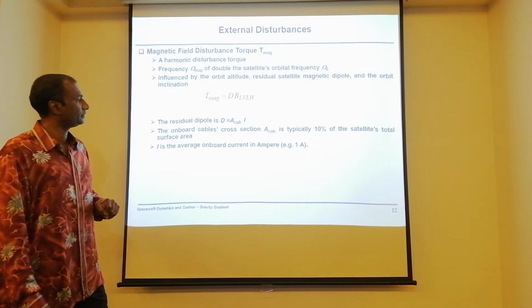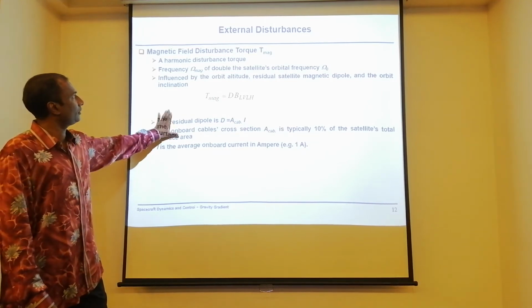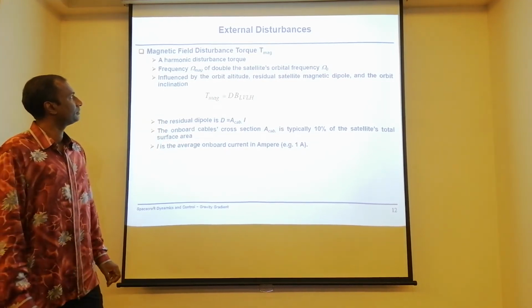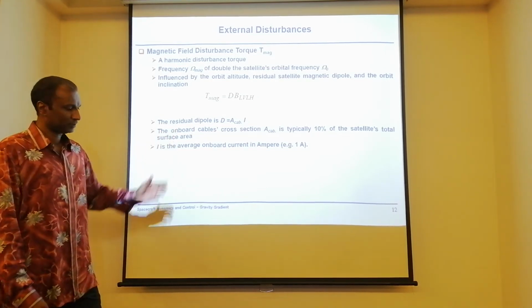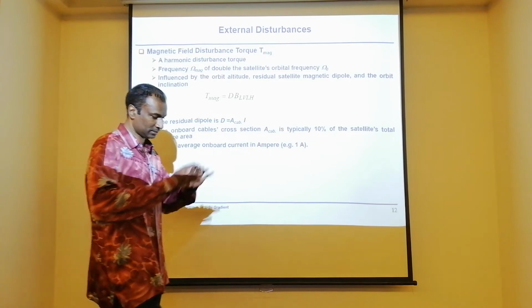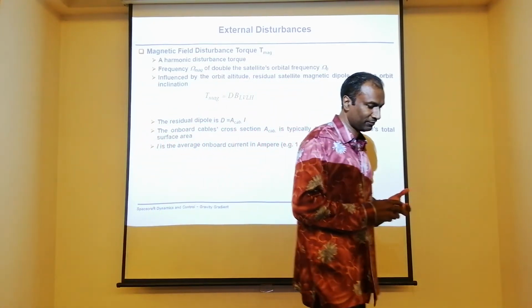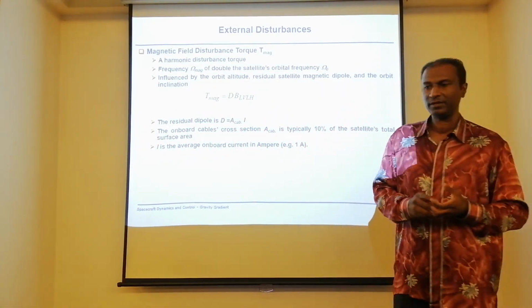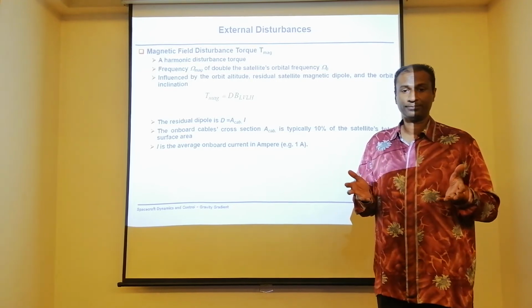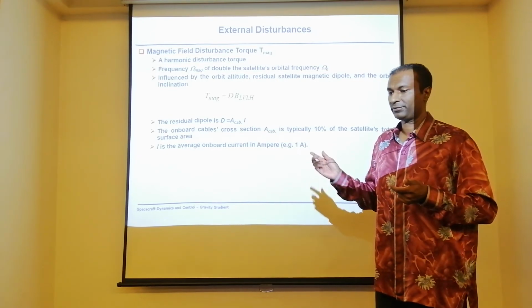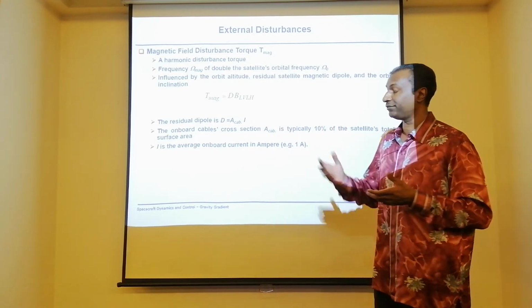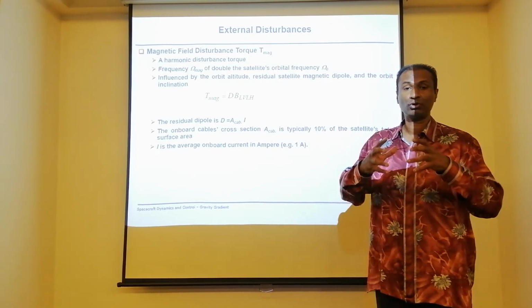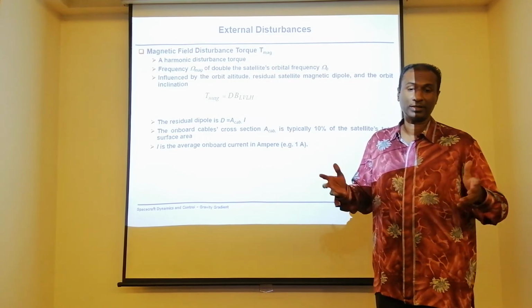Okay, let's see. Now you have a magnetic field disturbance torque. Okay. Now, as we know, planet Earth has a magnetic field. Now, this magnetic field is going to also disturb us. I also remember that we have discussed that magnetic torques or other magnetic fields can help us to control a particular satellite.